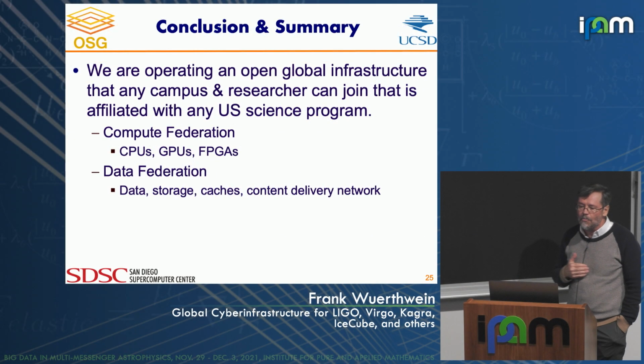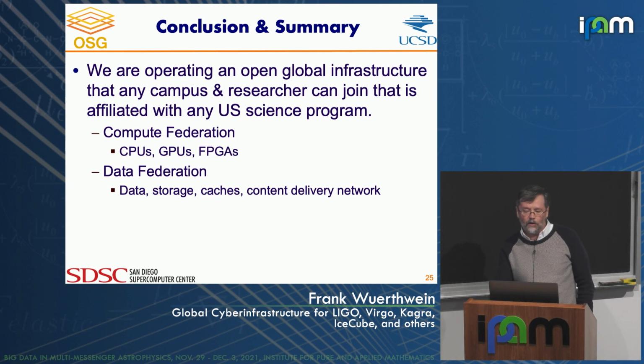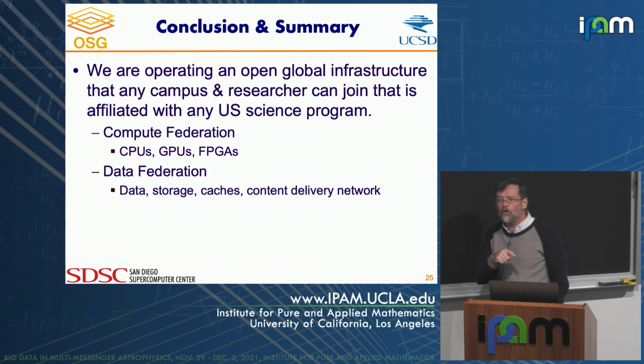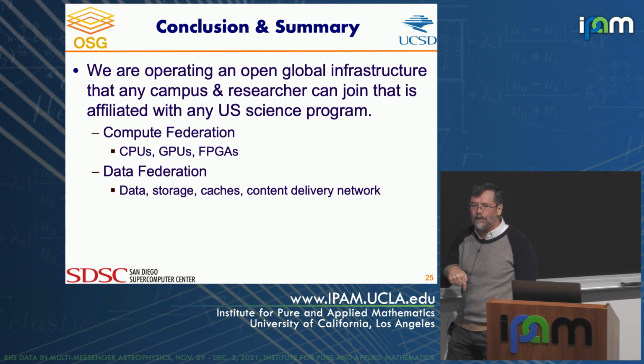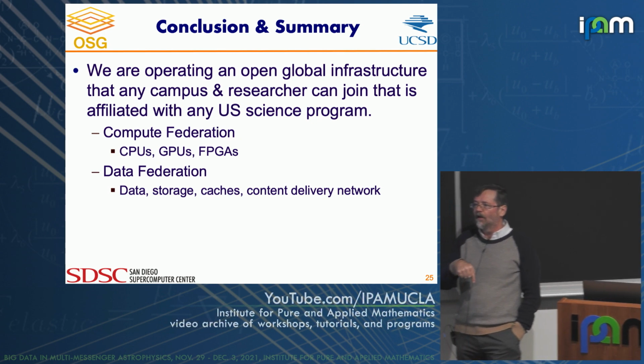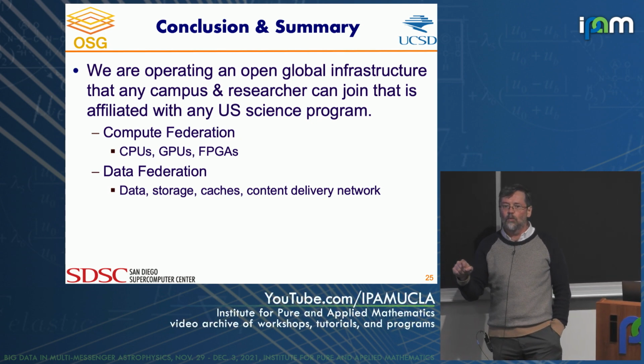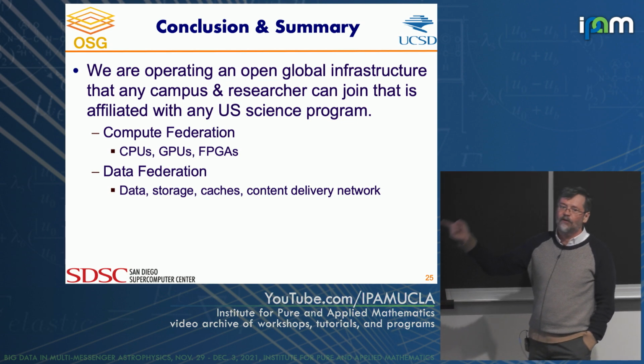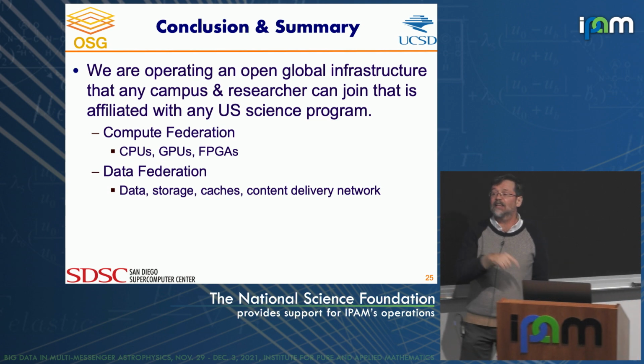Conclusion and summary: we're operating an open global infrastructure that any campus and researcher can join that is affiliated with any user science program. That's actually important, given that we're funded by the NSF. I'm allowed to work with people outside the country that have research collaborators inside the country.